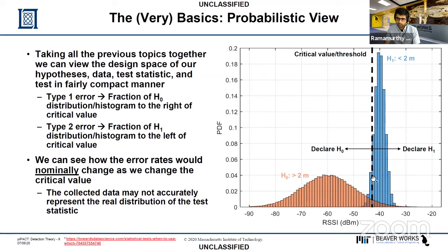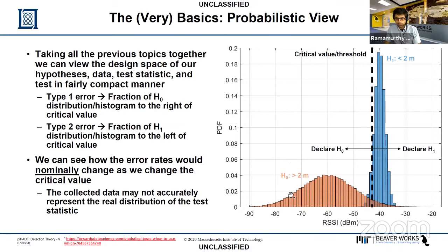And you can see if I shift the critical value to the right, I'll make fewer type 1 errors, but I will make more type 2 errors. And vice versa. Shift it to the left, I'll make fewer type 2 errors, but more type 1 errors. And so this is a trade, right? There's no free lunch here. You're going to have to figure out what is the right trade.